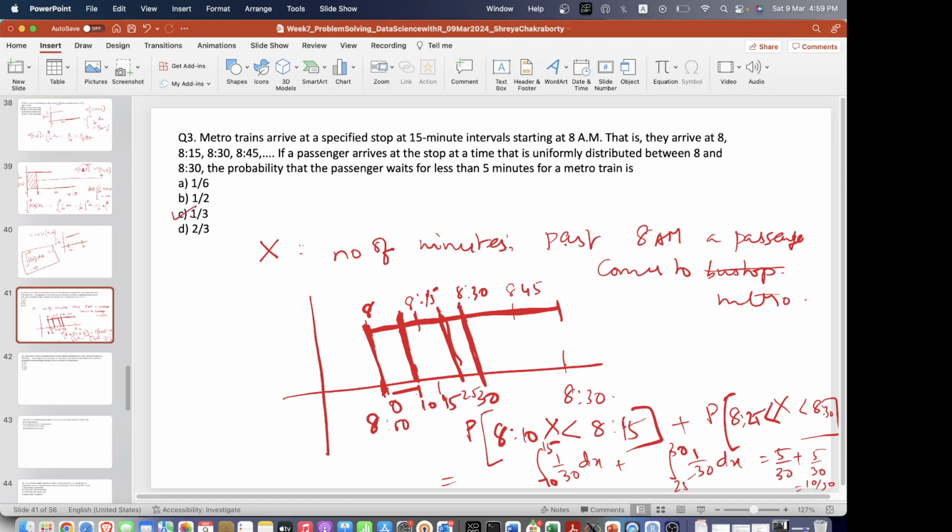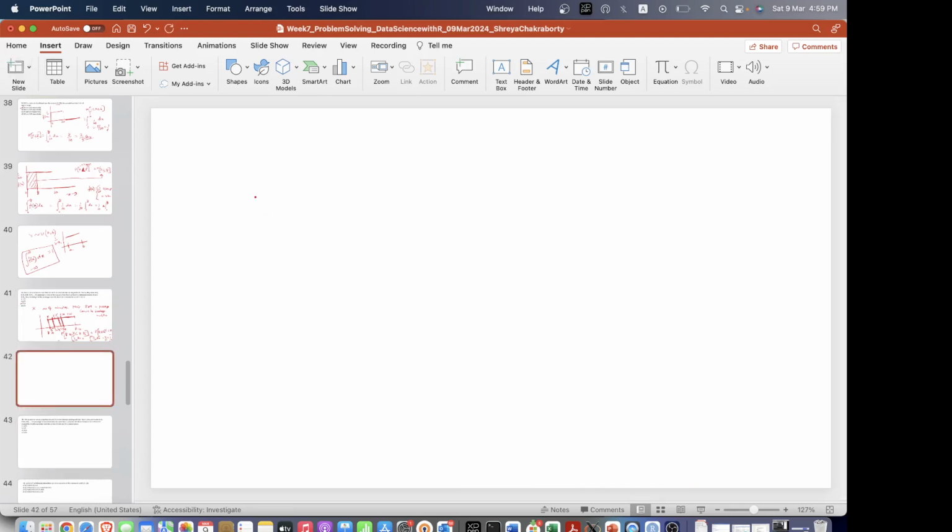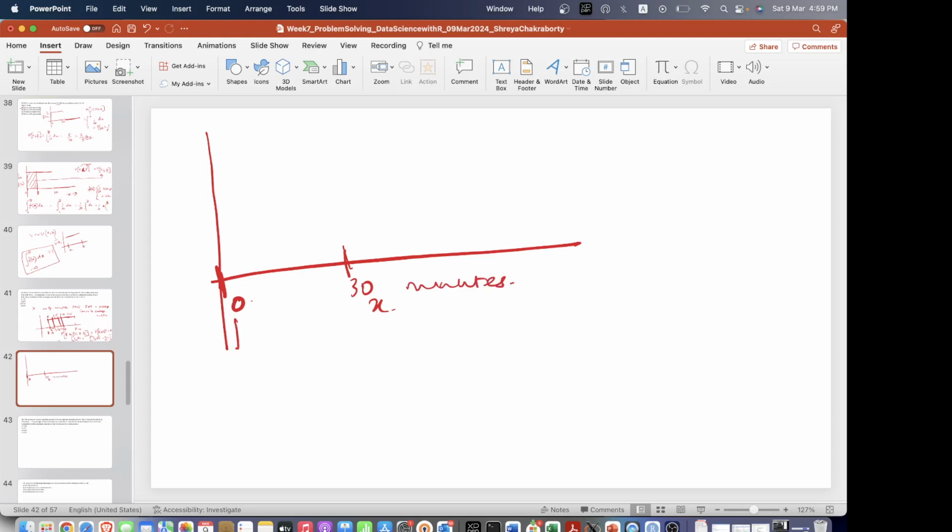Is it clear? So if I have to write it clearly, let's say this is x. This is your 0 and this is 30 minutes. This point corresponds to 8 o'clock, this point corresponds to 8:15 and this point corresponds to 8:30.